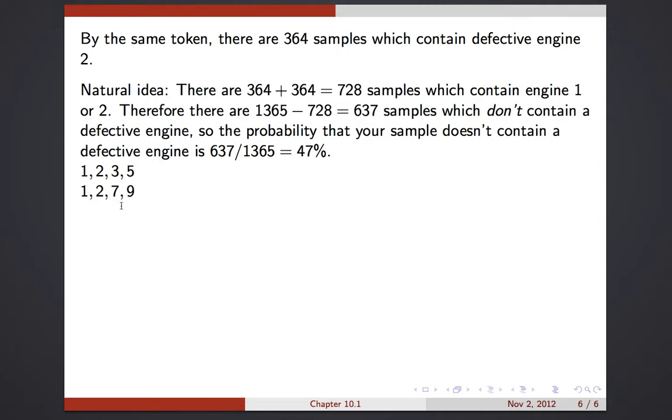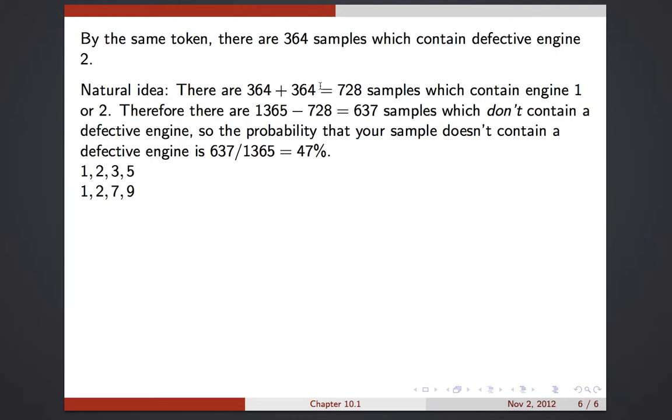These samples contain both engine 1 and engine 2. So both of these samples show up in the 364 samples that contain engine 1, and they show up in the 364 that contains engine 2.